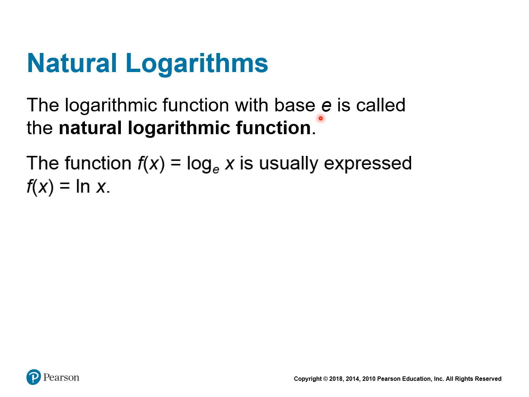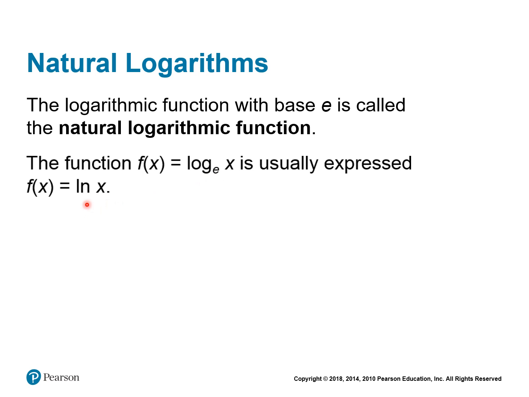The notation for natural logarithms is ln of x. That means the natural logarithm, n for natural, of x, and that translates to log base e of x. So the base is an e.